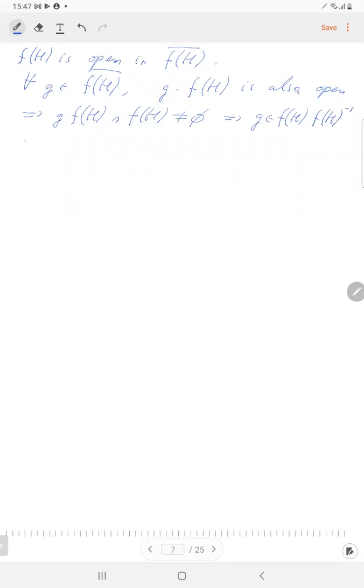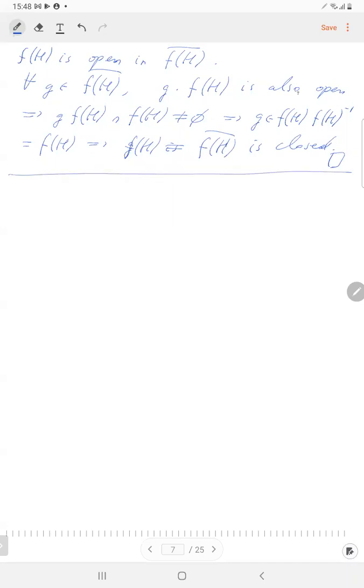But this ratio is nothing but an element of the image. Okay, and hence, well, so you see, G lies in f of H, so f of H is closed. Okay, we proved this theorem. That's fine.